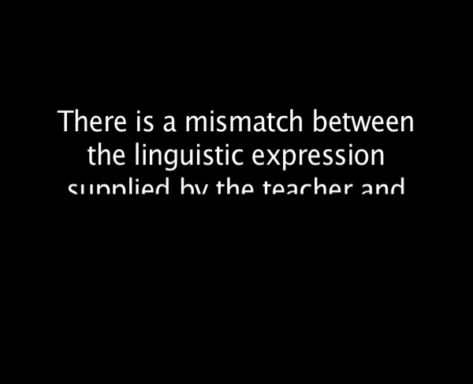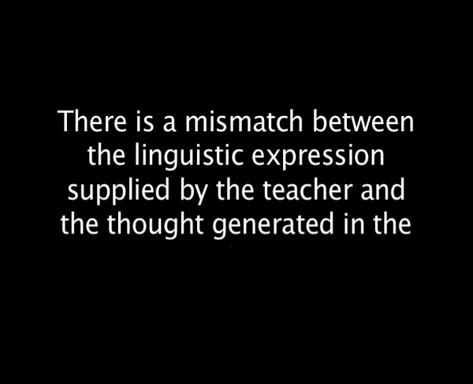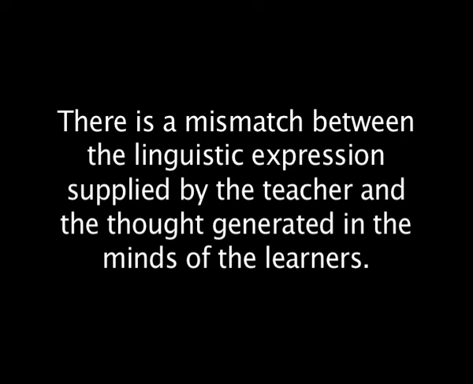So there is no correspondence between what the teacher says and the ideas generated in their mind. Obviously, they are all related to the pen, but not exactly what the teacher has said. This is problem number 1.